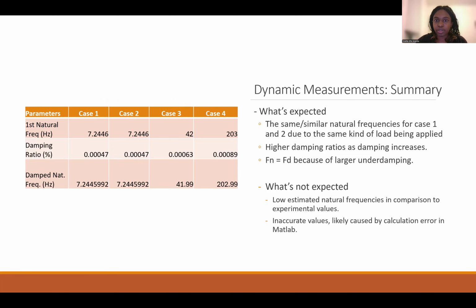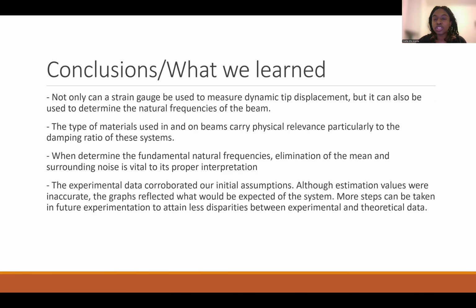In conclusion, we learned that not only can a strain gauge be used to measure dynamic tip displacement, it can also be used to determine the frequencies of the beam. The type of materials used on these beams also carries a very big relevance in what the damping ratio of these systems is going to be. When determining the fundamental natural frequencies, elimination of the mean is also very important.